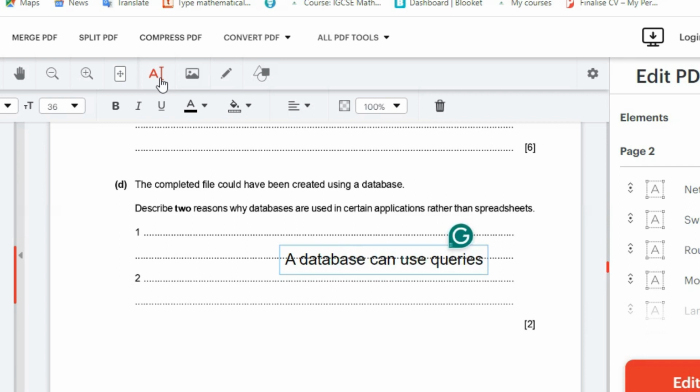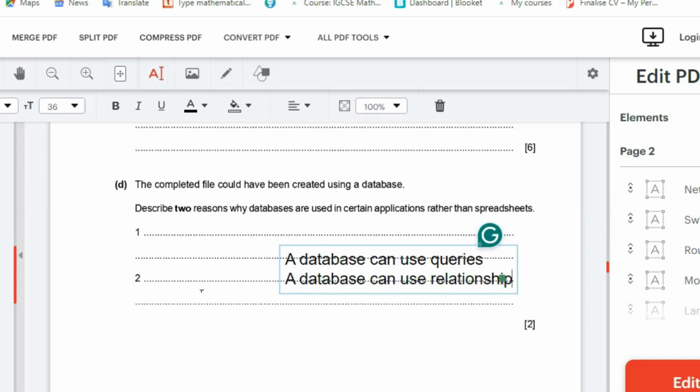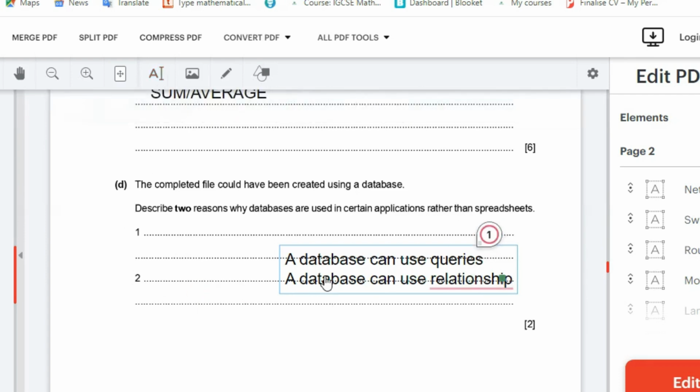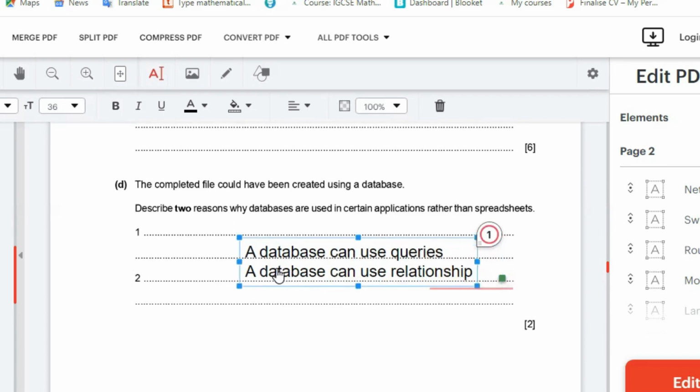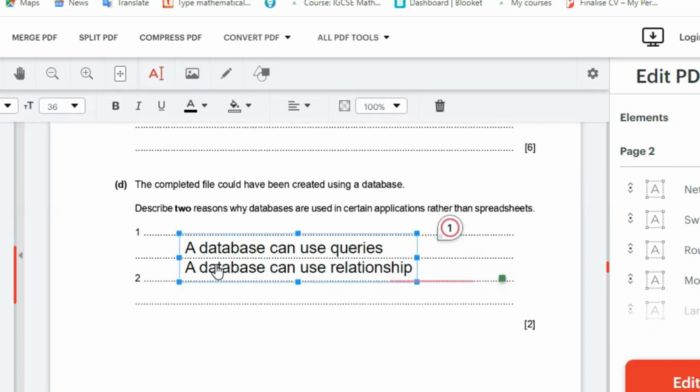A database can use queries. A database can also use relationships. Others include: a database has better security.